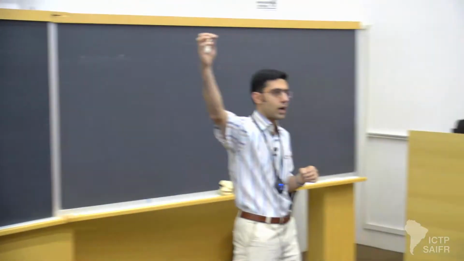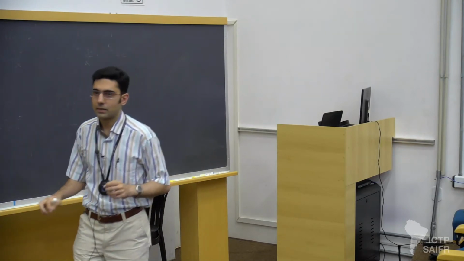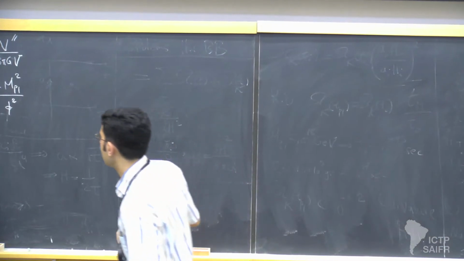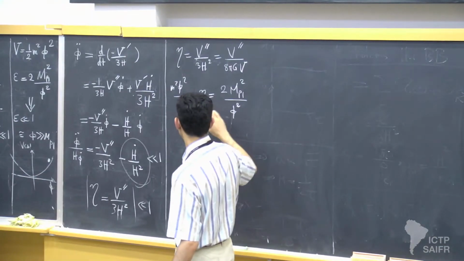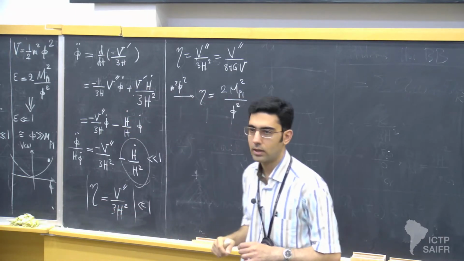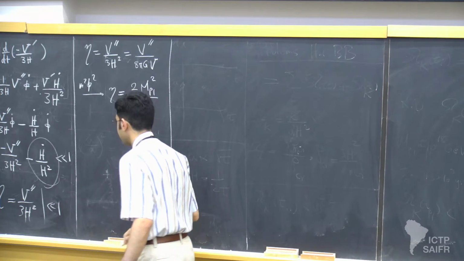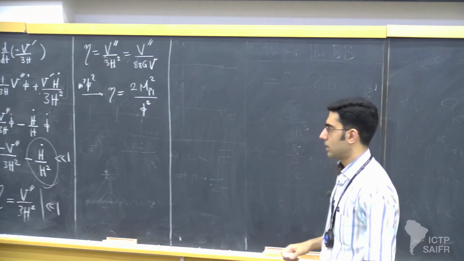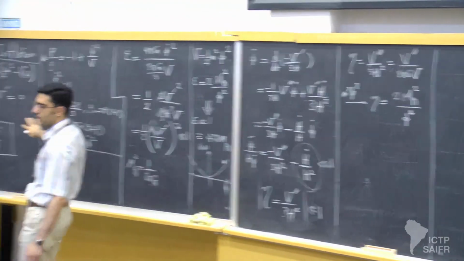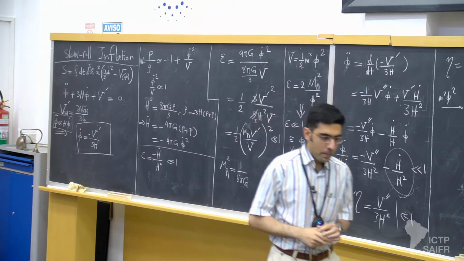So once I go far up on these potentials to super Planckian values for the phi field, both slow roll conditions are satisfied. And therefore, it is justified. This is a self-consistent solution of this equation.